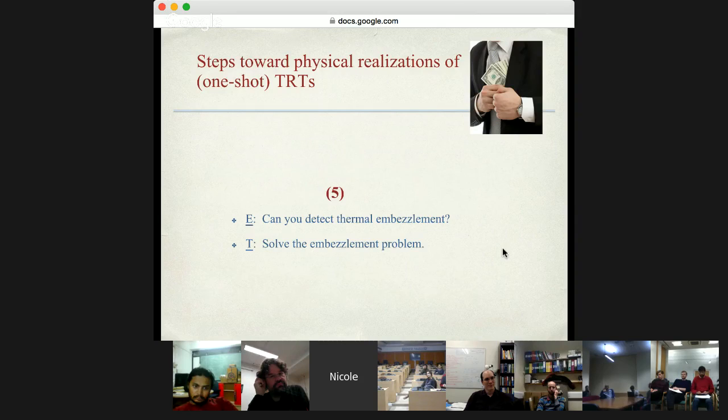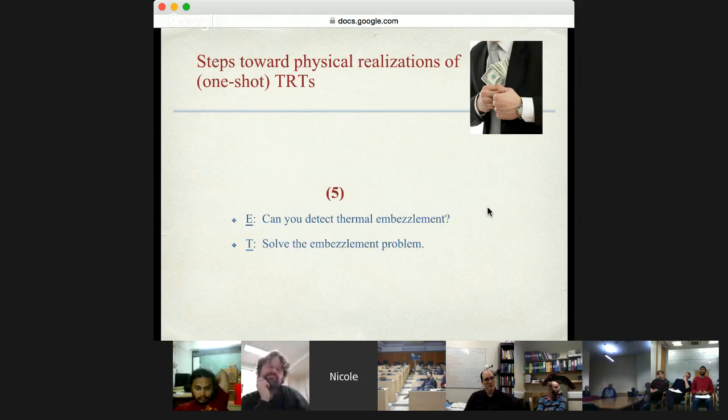I'm not going to say much about embezzlement. I will say, when I finish this talk, if we are asked for questions and there is an awkward silence, then feel free to ask about this question to break the awkward silence. The embezzlement problem is a problem talked about a fair amount by thermodynamic resource theorists.